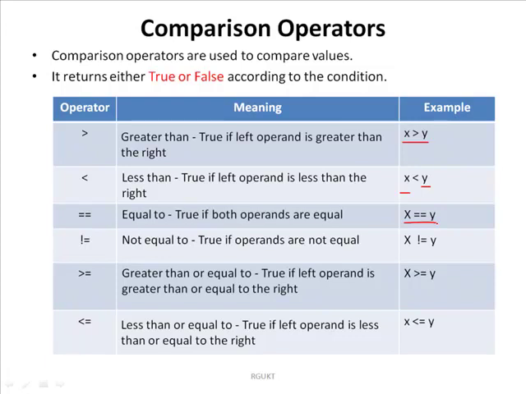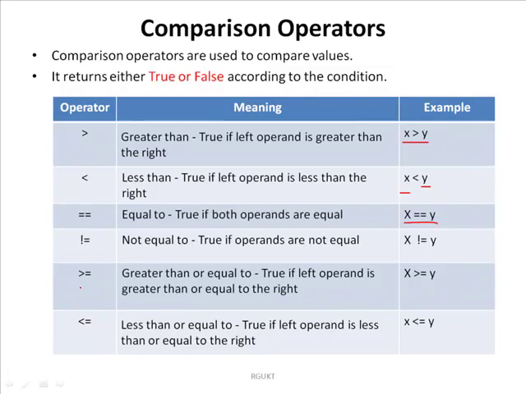If x = 5 and y = 2, when I check x == y, the comparison is not equal, so the resultant value is false. Not equal: if x is not equal to y, it returns true; if x is equal to y, it returns false.